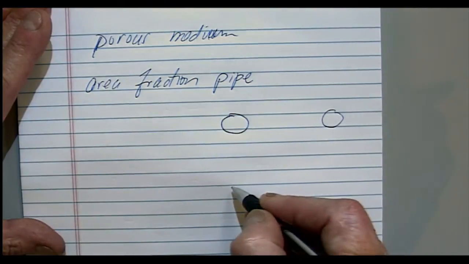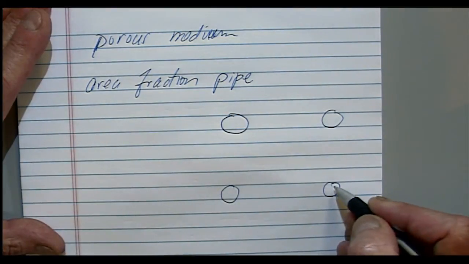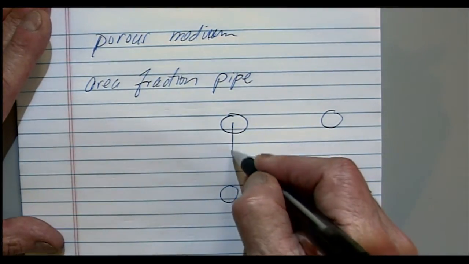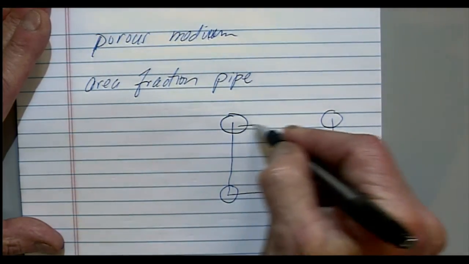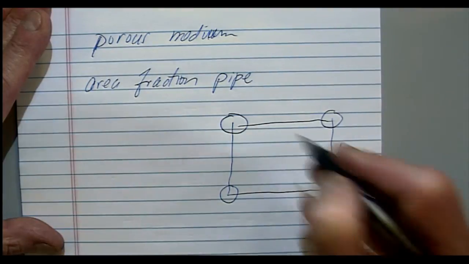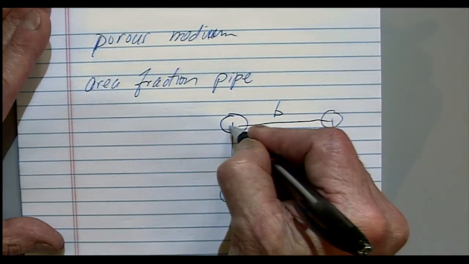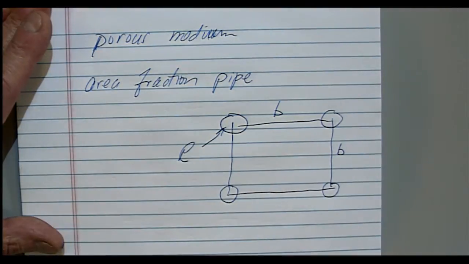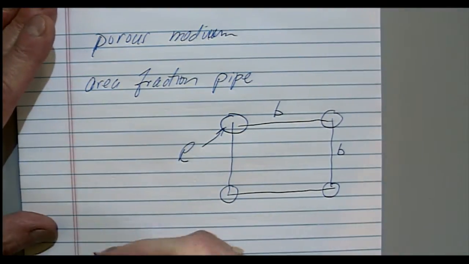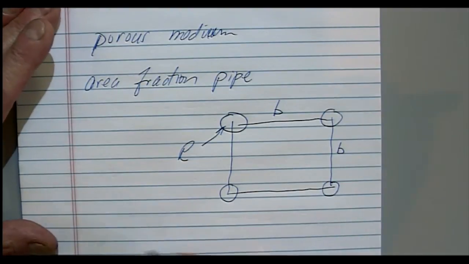Here are 4 of the pipes that are flowing fluid out toward you. And they sit on this cubic network of side b, side b, side b. And the radius of this pipe is R.